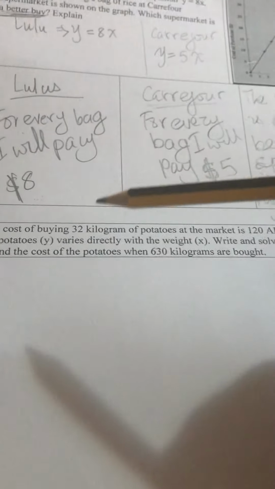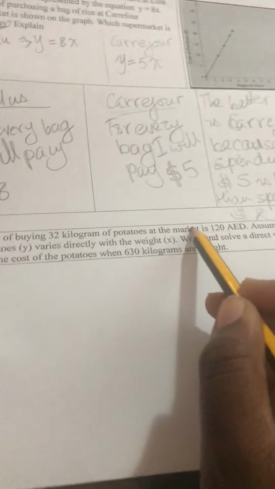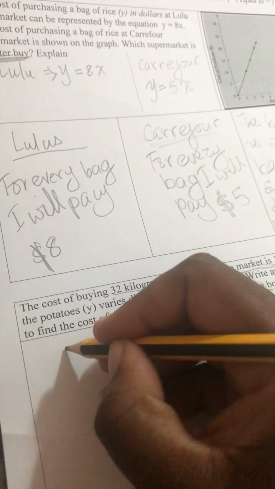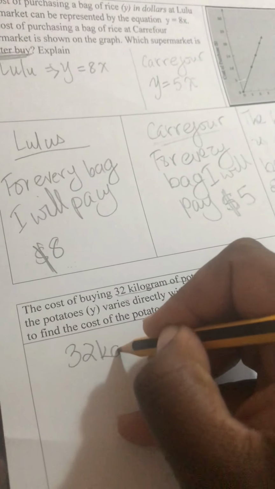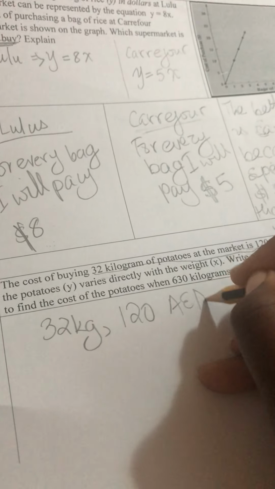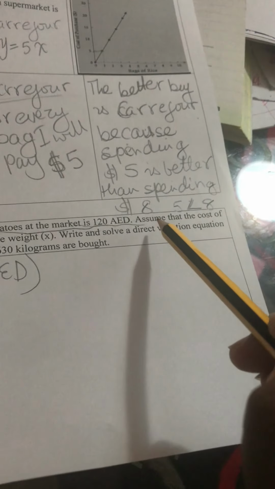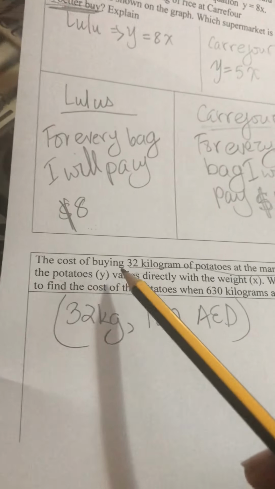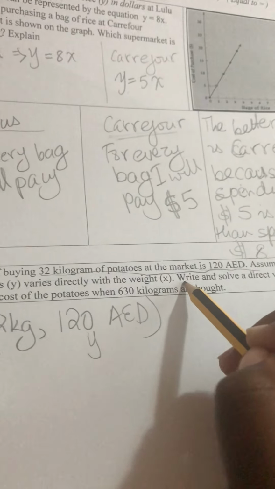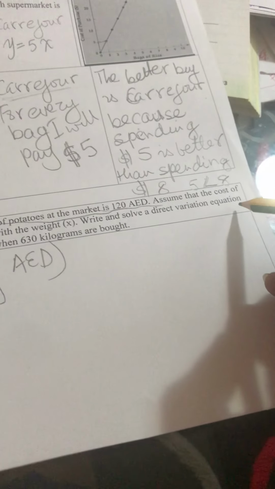Okay? All right. The cost of buying 32 kilograms of potatoes at the market is 120 AED. So 32 kilograms, I spend 120 AED. Okay? Assume the cost of the potatoes is Y. So this is Y. Varies directly with the weight X. Write and solve a direct equation.